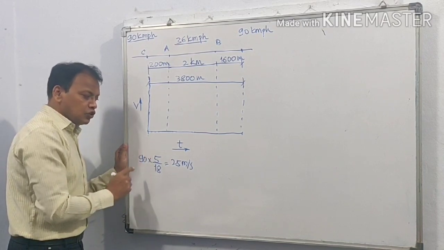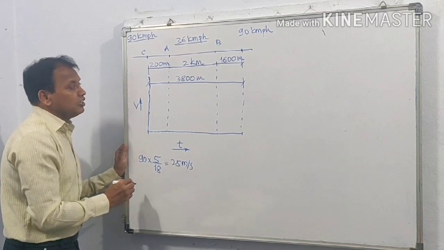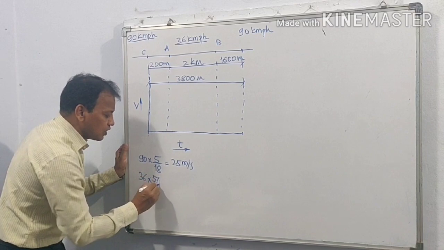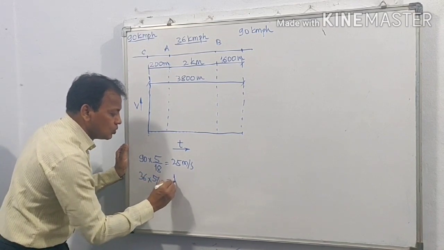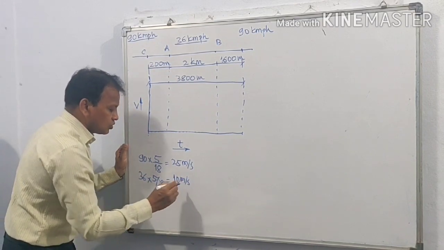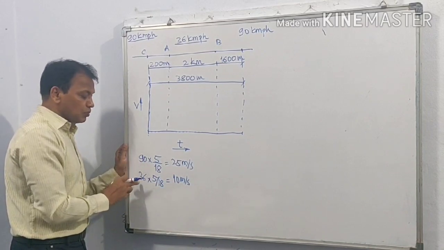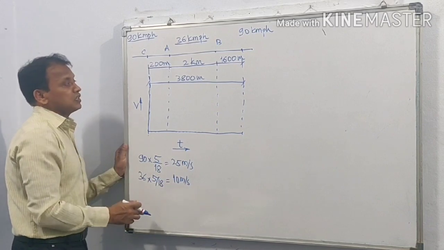So 90 into 5 upon 18 is 25 meter per second, and 36 kilometer per hour is equal to 10 meter per second. So here we have converted velocity from kilometer per hour to meter per second.